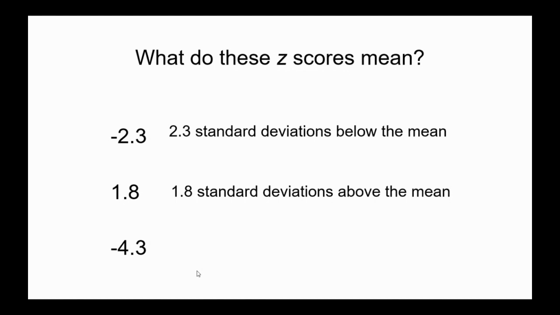Below. Okay, what would the whole phrase be? 4.3 standard deviations below the mean. That's right. 4.3 standard deviations below the mean.